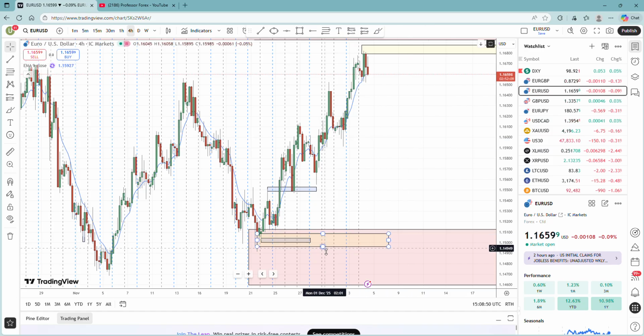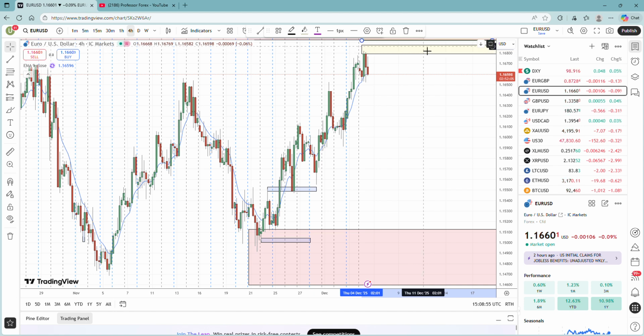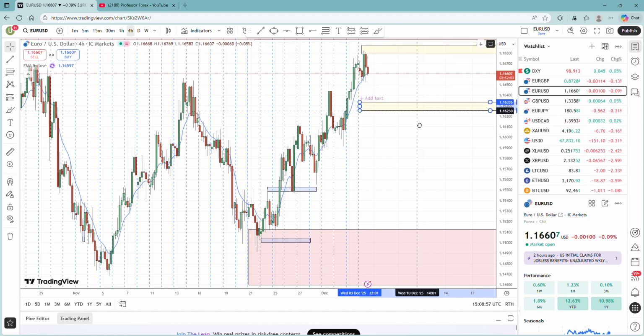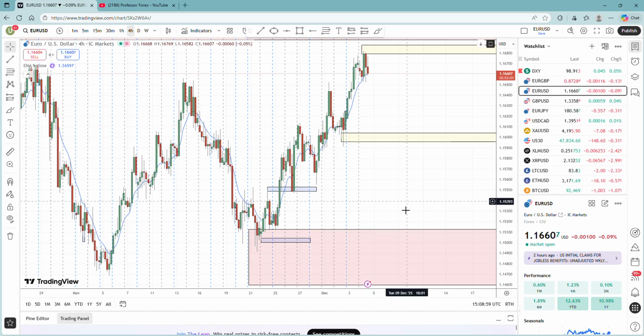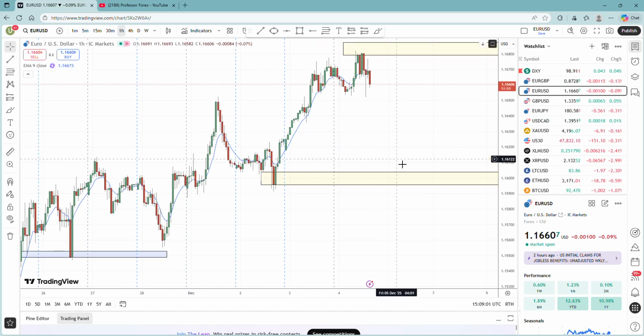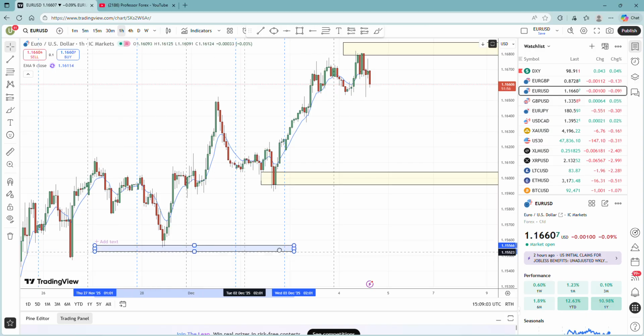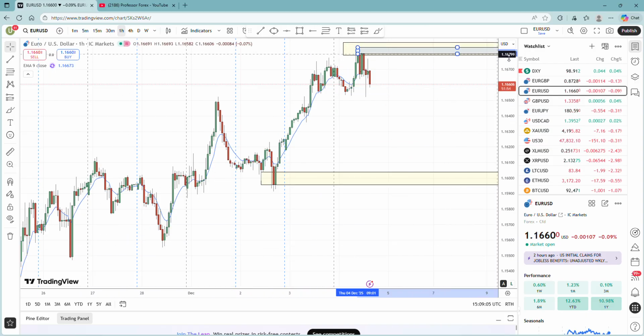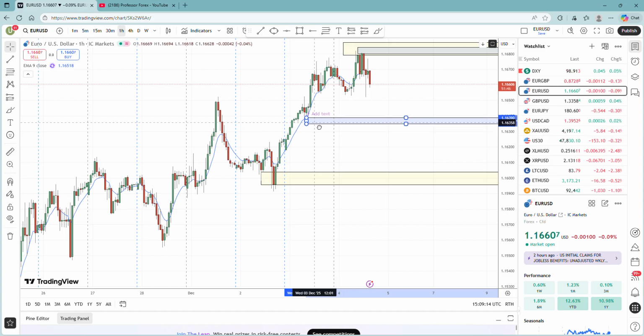H4 resistance. H4 support on H1. Here's your H1 resistance. Here's your H1 support.